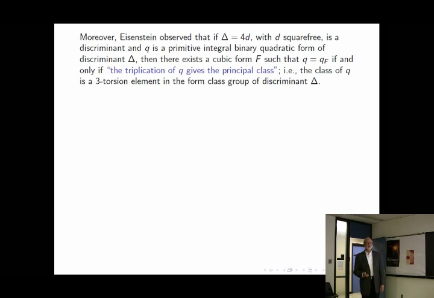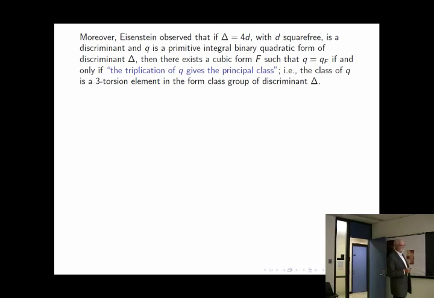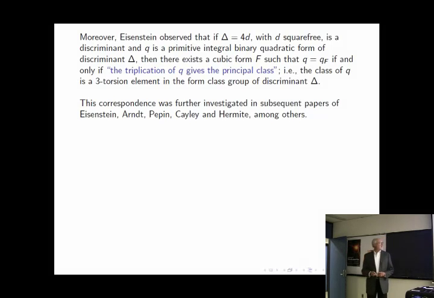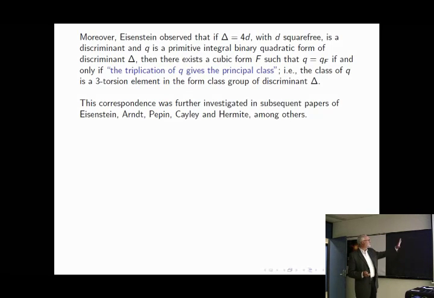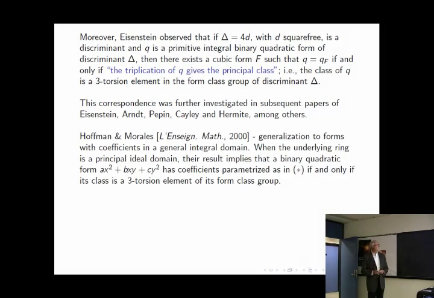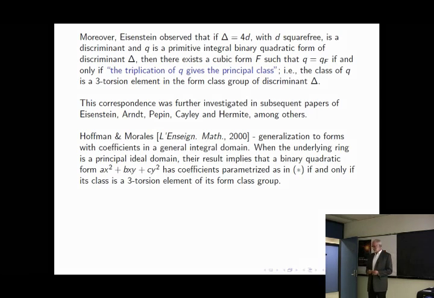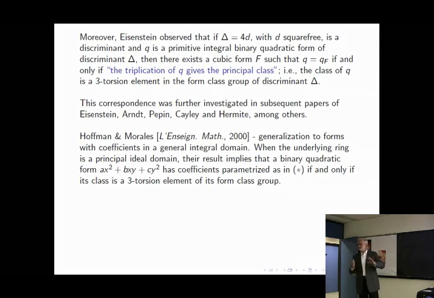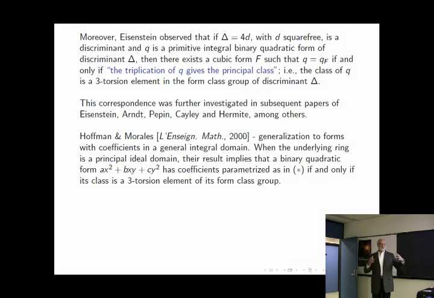So these mysteriously arise from this correspondence with binary cubic forms that was first investigated by Eisenstein, and then there are a number of papers that you can find in the literature on that topic. These other papers eliminate the conditions, the restrictions that Eisenstein worked under, and eventually you get a very nice complete generalization that appeared in 2000, where the forms don't have coefficients in Z anymore, but suppose you allow any integral domain of coefficients, and what they show is that essentially this same correspondence works in that kind of a generality.